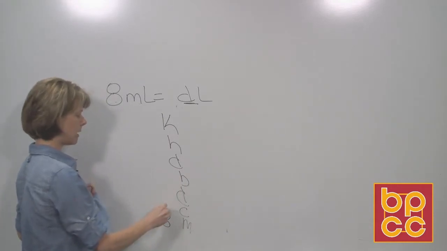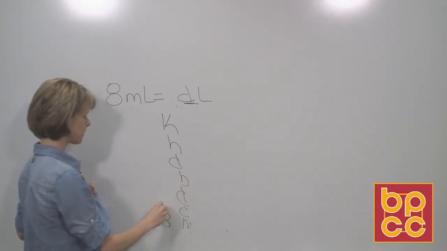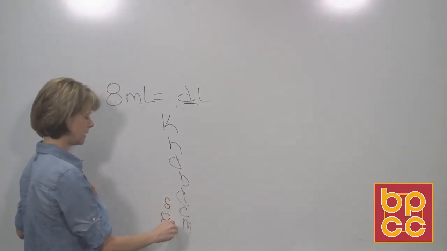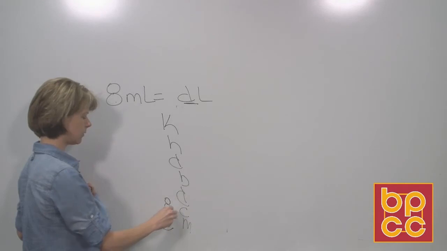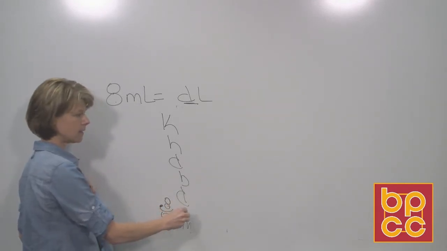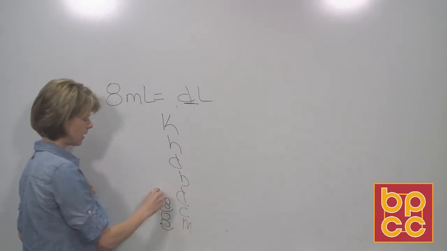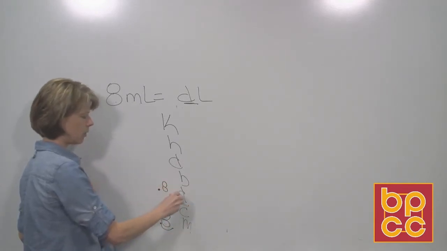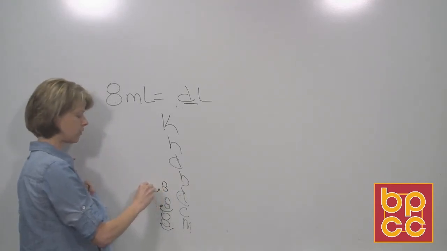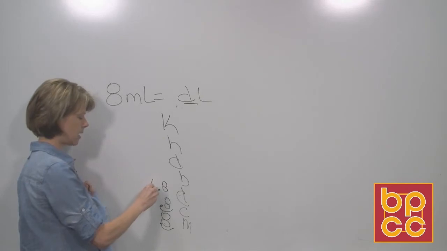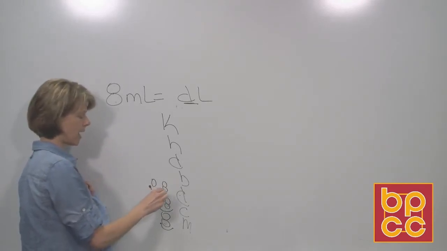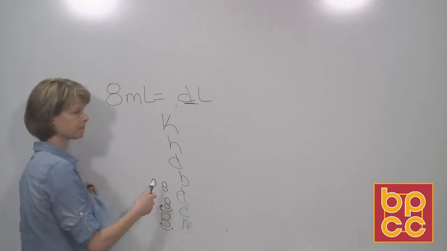And when I move up, I'm going to move the decimal place over. So if I have 8 milliliters, I take this decimal point and move it over to the left one because I'm dividing by 10. And now I have 0.8 centiliters. If I want to know how many deciliters, I take that decimal place, move it over to the left one because I'm dividing by 10. I put in a 0, and that gives me 0.08 of a deciliter.